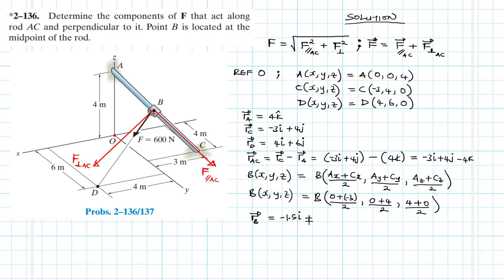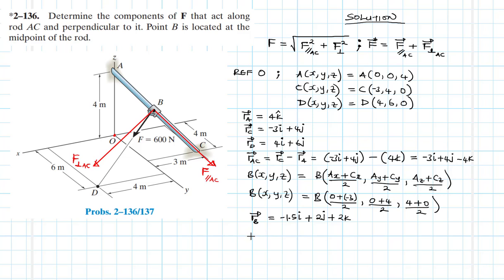And then plus 4 divided by 2, which is 2j, and then plus 4 divided by 2 also, which is 2k. So this is now the position vector for B. Okay, is that fine? So we have the position vector for B.